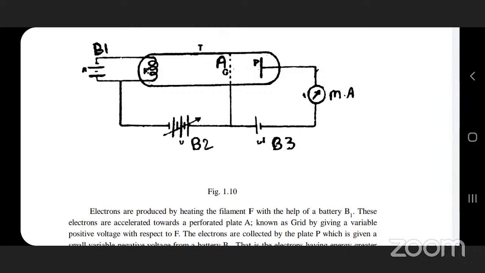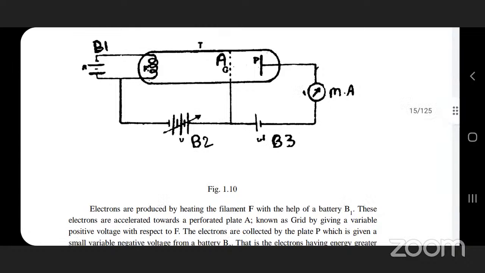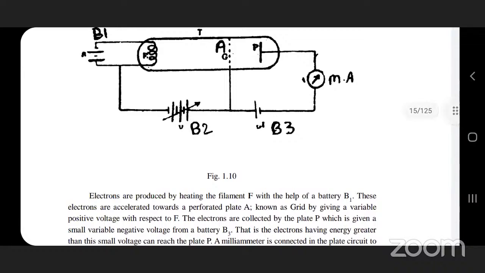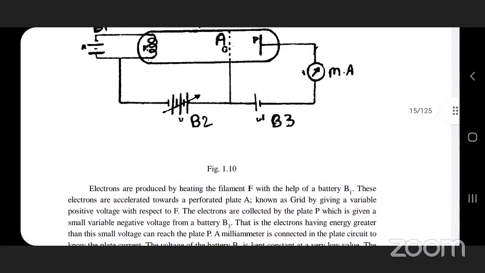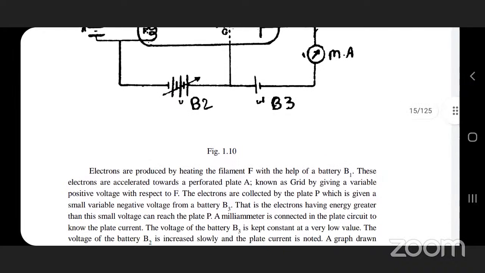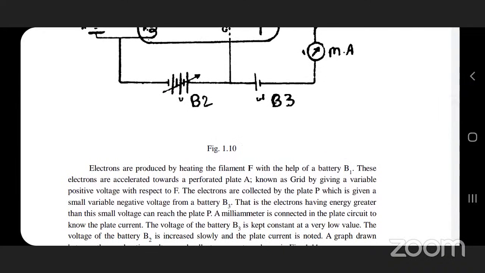The electrons are collected at a plate P, which is given a small variable negative voltage from the battery, so that electrons with energy greater than that small voltage can reach the plate P, and the current constituted by these electrons can be measured by the ammeter.